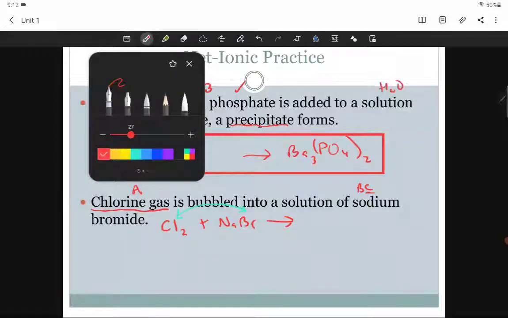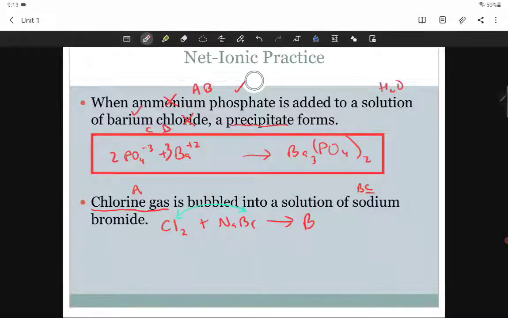Okay, let's go back to our red. So the bromine's going to be by itself, but it's also a Brinkelhoff. It's a diatomic molecule in its elemental state. And then the Cl is going to go where the Br was.